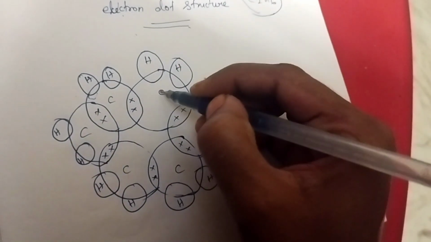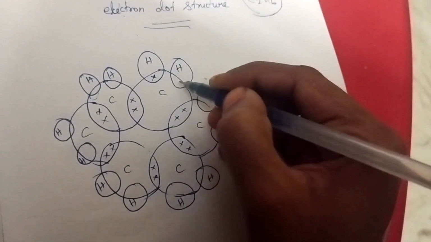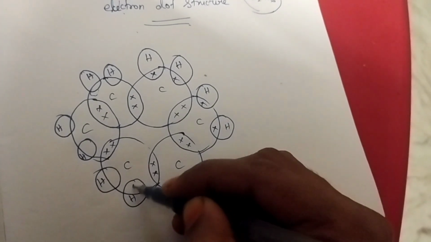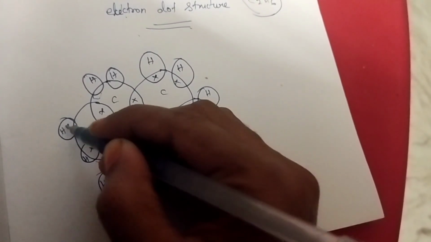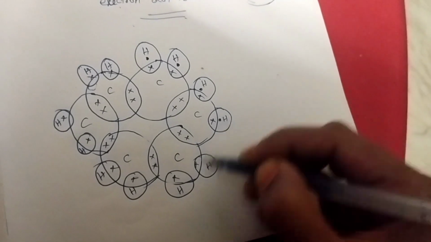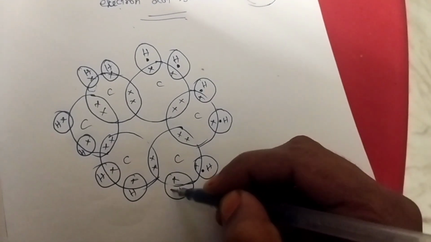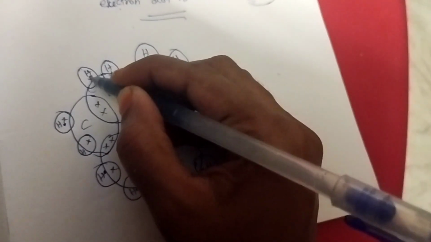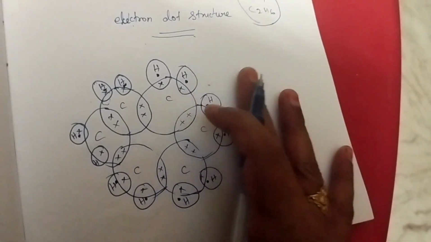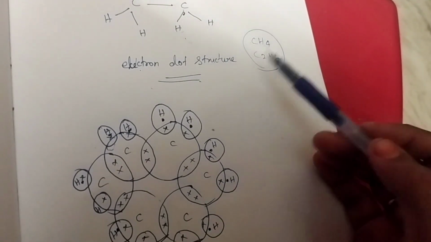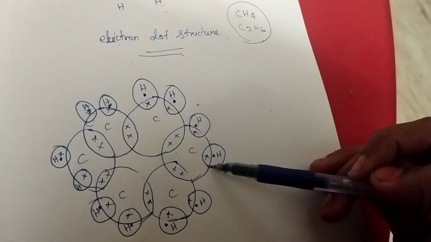This carbon is sharing one electron with this hydrogen, and this hydrogen is sharing one electron. If you think this is a tough diagram, you can see the previous video for the simplest molecular electron dot structures, then you will see this is very easy.